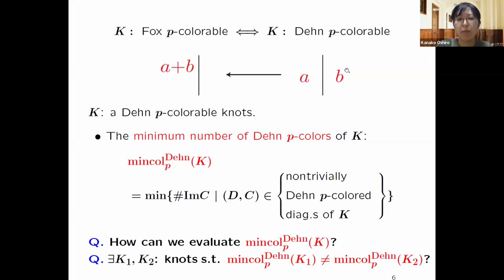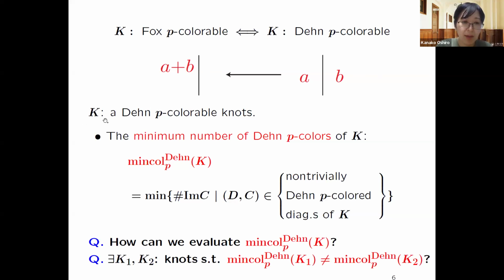And when we have a non-trivial Dehn coloring here, the corresponding Fox coloring is also non-trivial. So we can see that K is Fox p-colorable if and only if K is Dehn p-colorable.